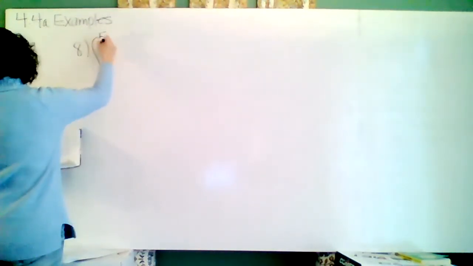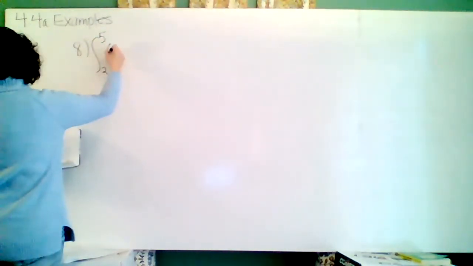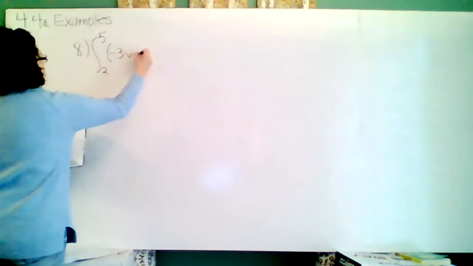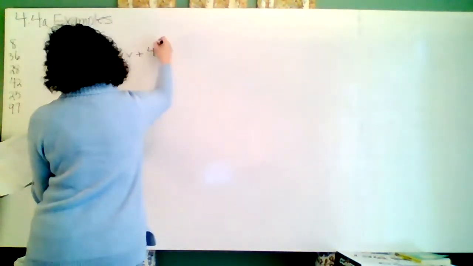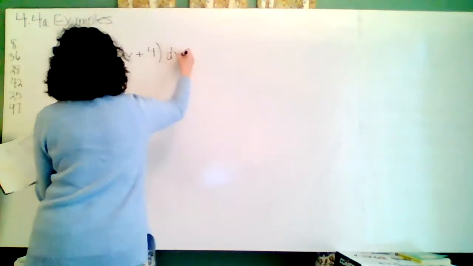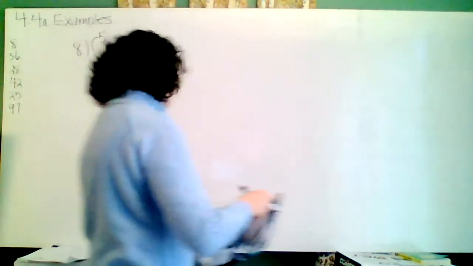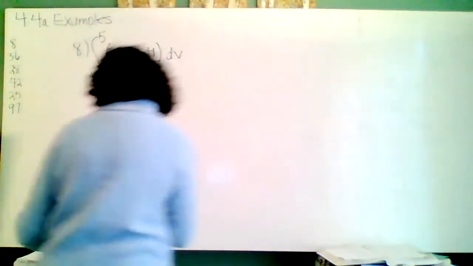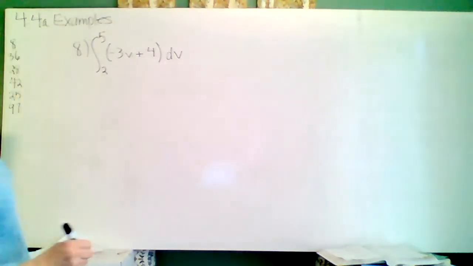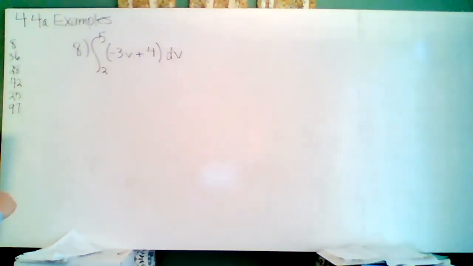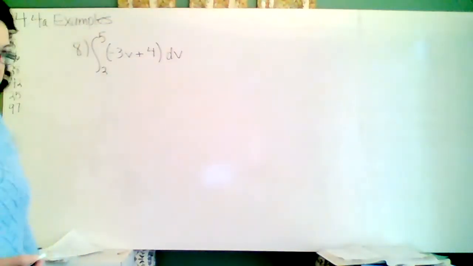And when we are together in class, I will show how you do that integration on the calculator. I'm going to make myself a note. They are asking us to integrate on number 8 from 2 to 5, negative 3v plus 4 dv.